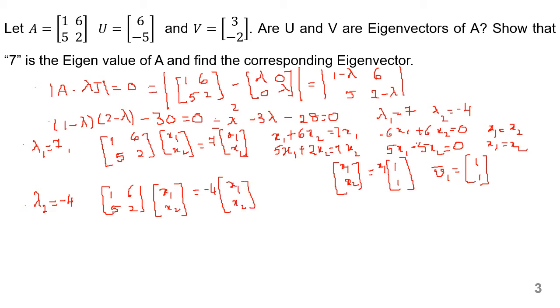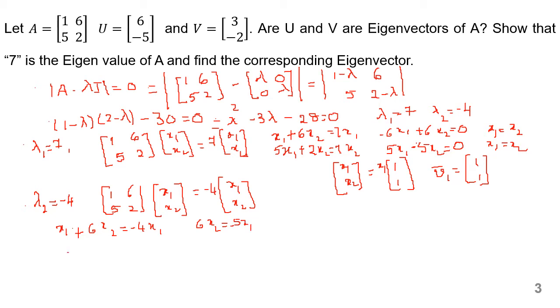When I simplify this, I get x1 plus 6x2 is equal to minus 4x1. So that gives you 6x2 is equal to minus 5x1.